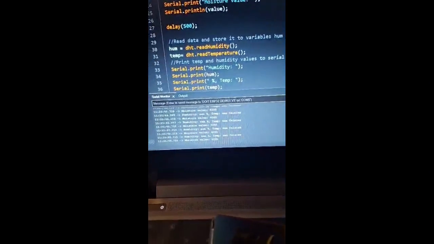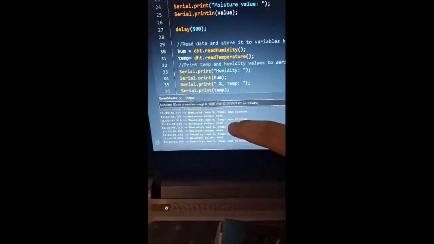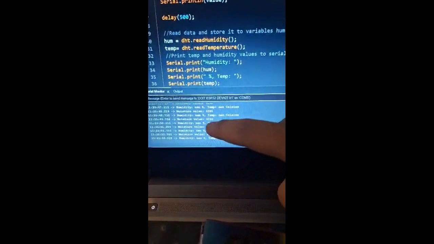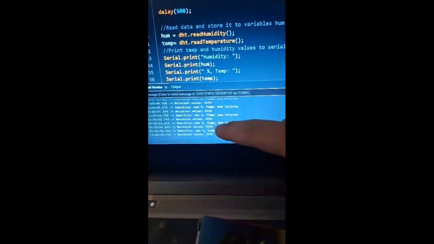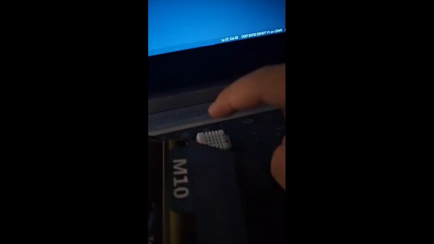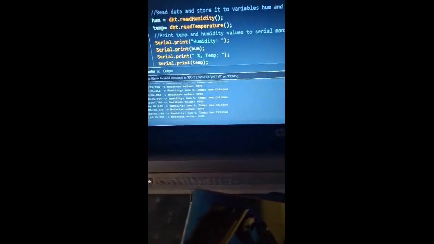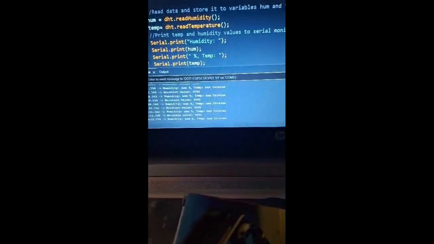Okay. Now, the NaN is supposed to be a number, but because I broke my DHT, it's not getting a value. As I showed earlier, it's supposed to give a number for the humidity and Celsius.